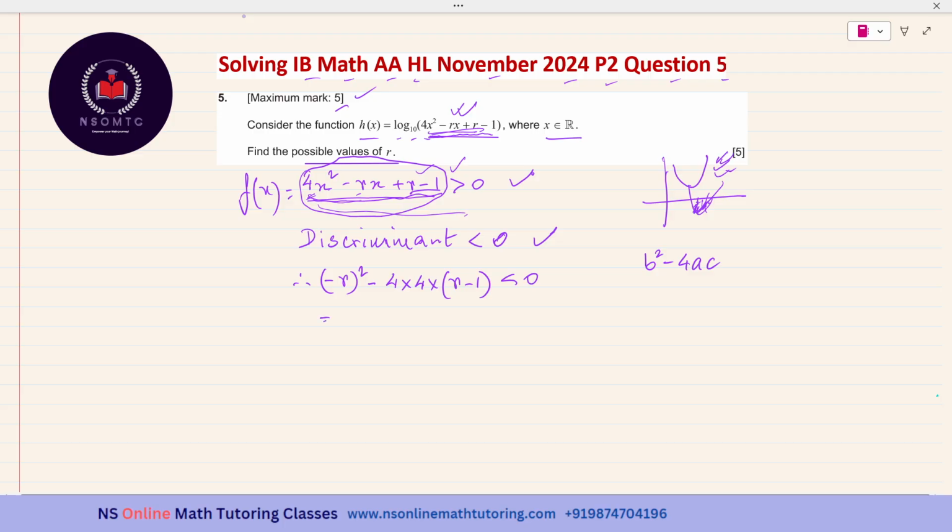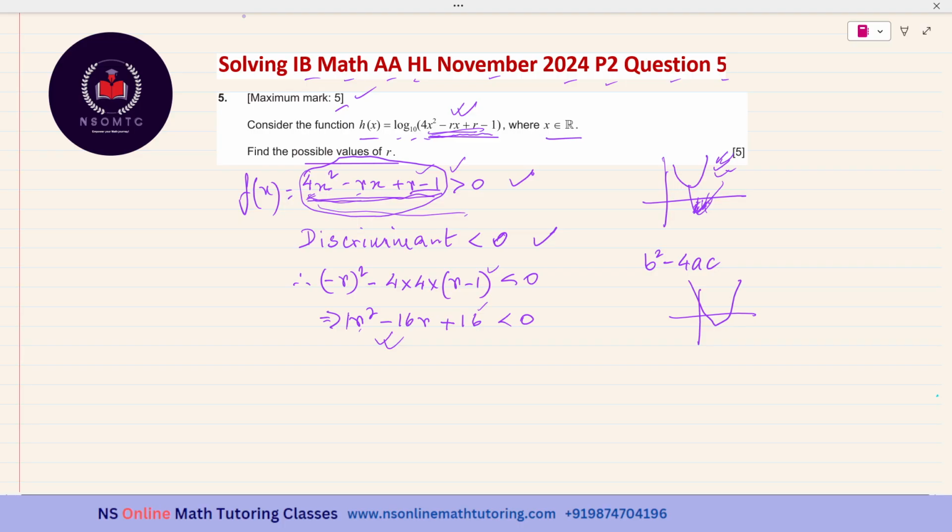So r squared minus 16r, I am expanding also, plus 16 is less than 0. And this is also a quadratic expression in r, and the r squared coefficient is 1, so the parabola will be opening upwards. It will have this shape and its y-intercept is plus 16, so it will be of this type.